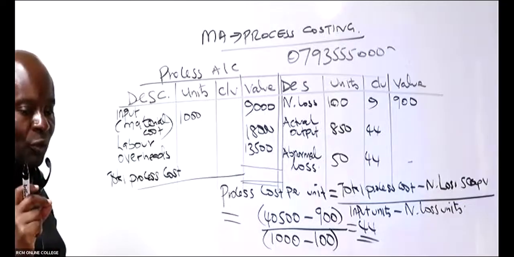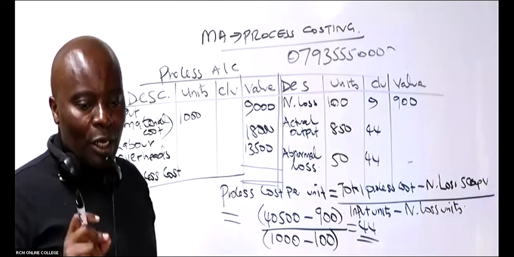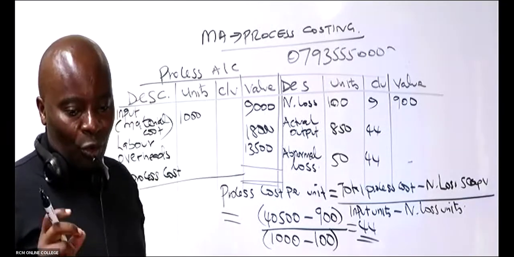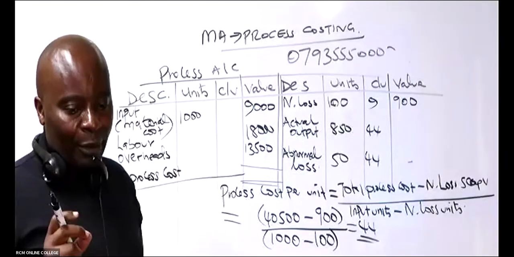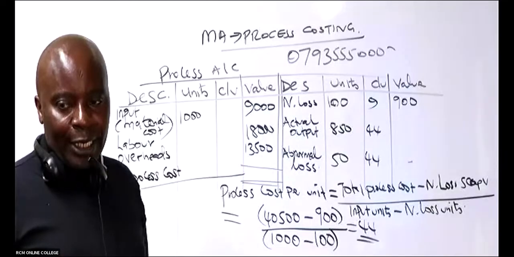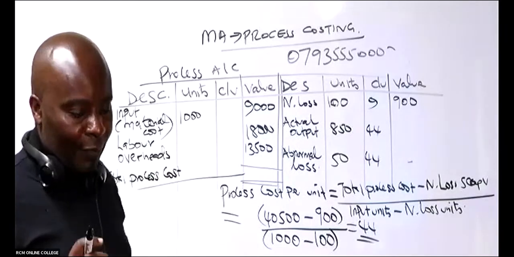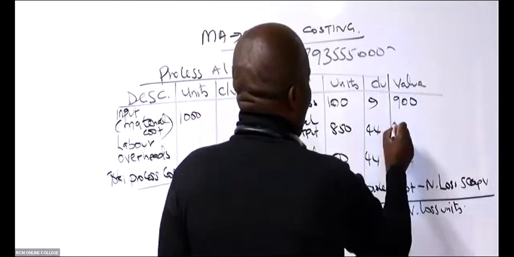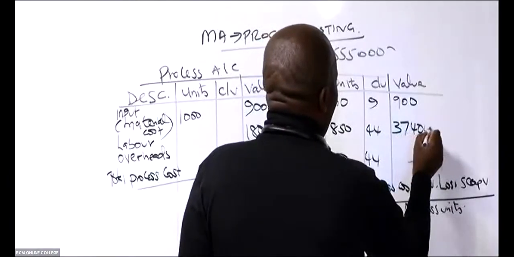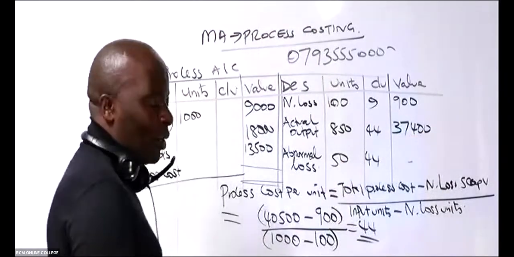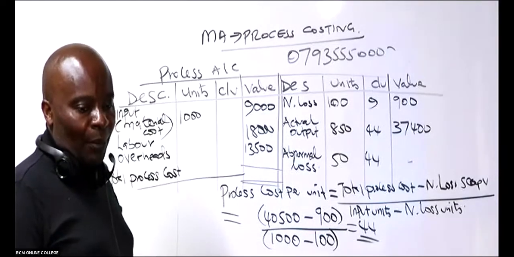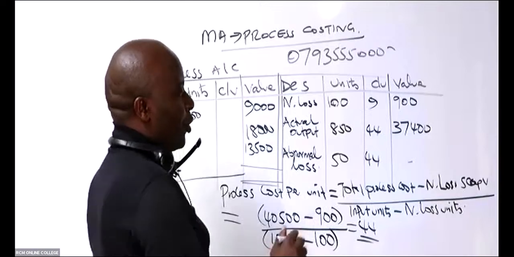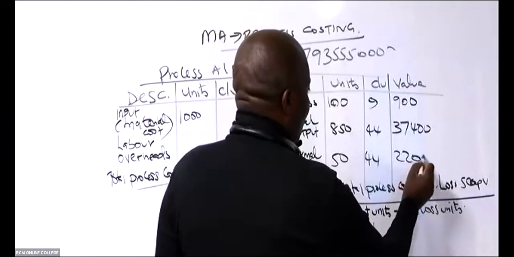So what will be the total value of actual output? 850 times 44 is 37,400. And then 50 times 44, because remember, this is per unit. So this gives me 2,200.